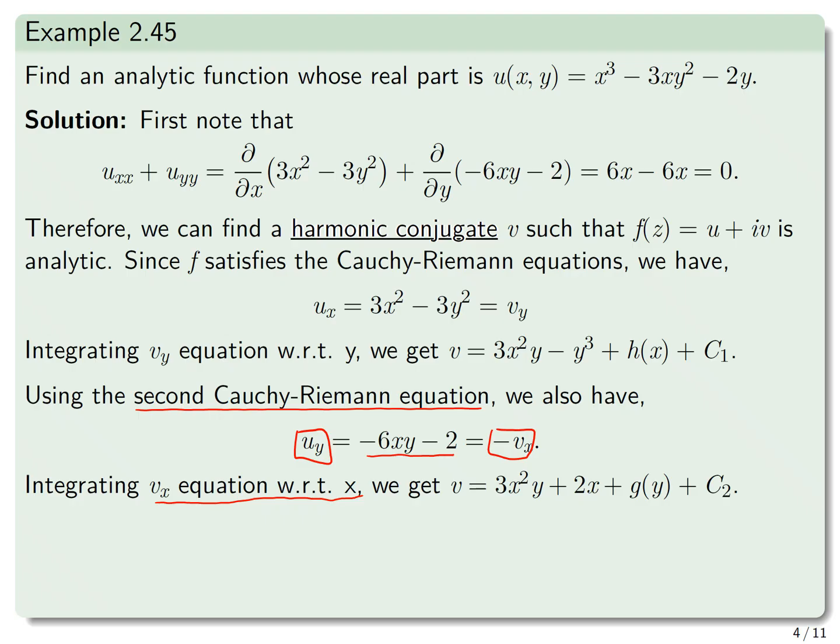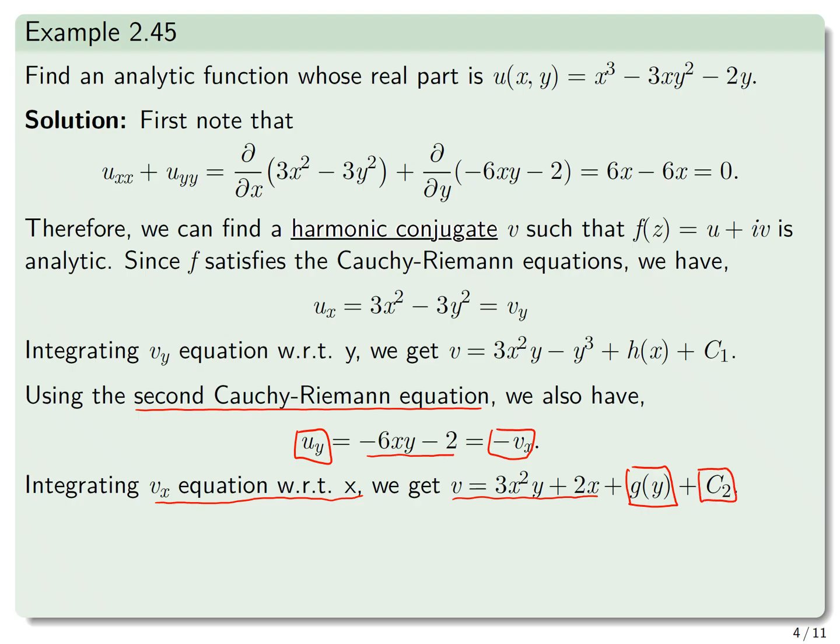So when you do that, you get v equals 3x squared y plus 2x. Remember, the negative sign is not there because you can cancel the negative sign. And since this is a partial integration with respect to x, you get a g(y) term, because there may be a function of y, since when you take the partial derivative, it would cancel out. We don't know, so we just put it there, and again we put another constant there.